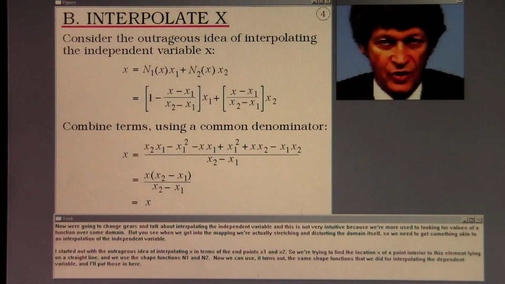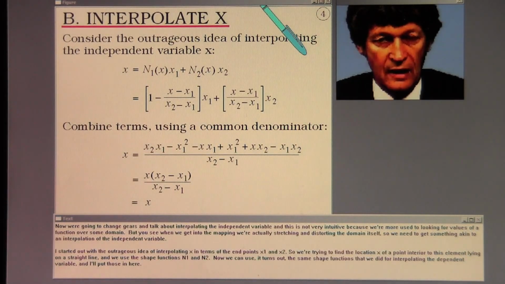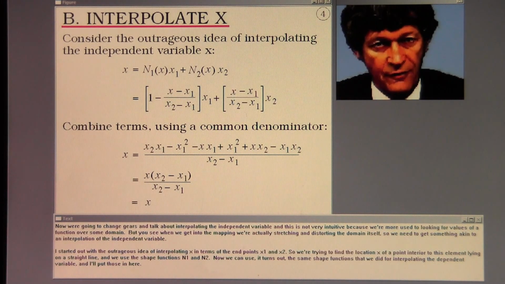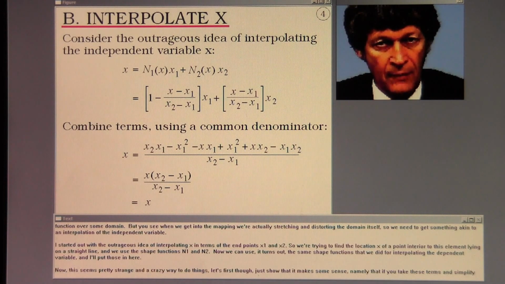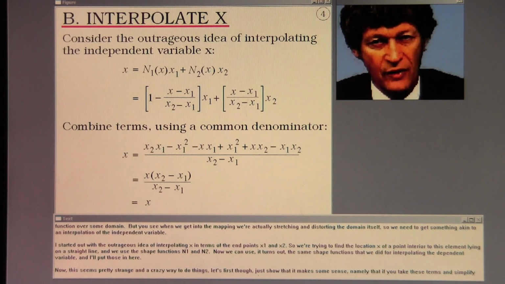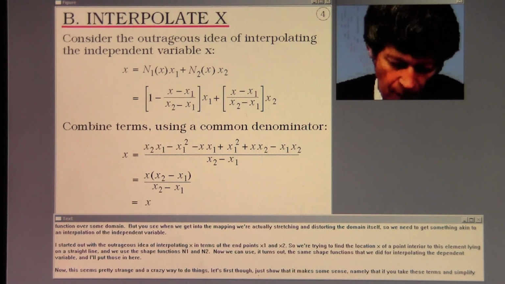Now we're going to change gears and talk about interpolating the independent variable. And this is not very intuitive because we're more used to looking for values of a function over some domain. But you see, when we get into the mapping, we're actually stretching and distorting the domain itself. So we need to get something akin to an interpolation of the independent variable.